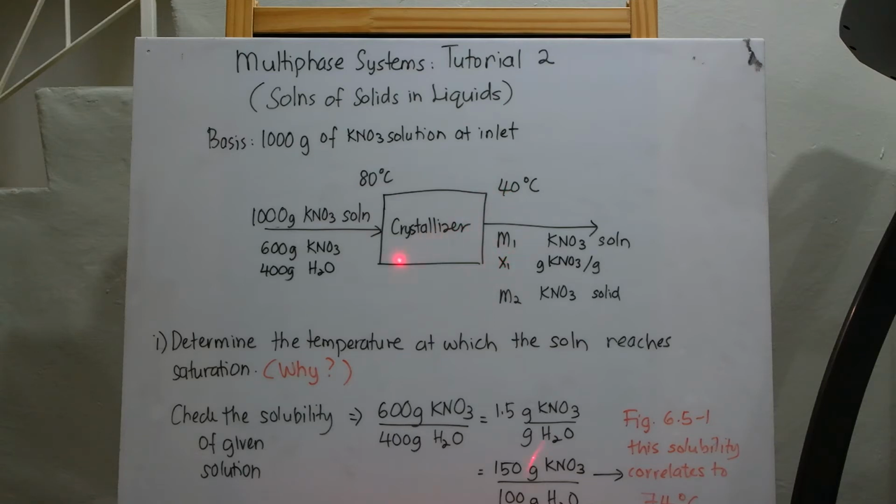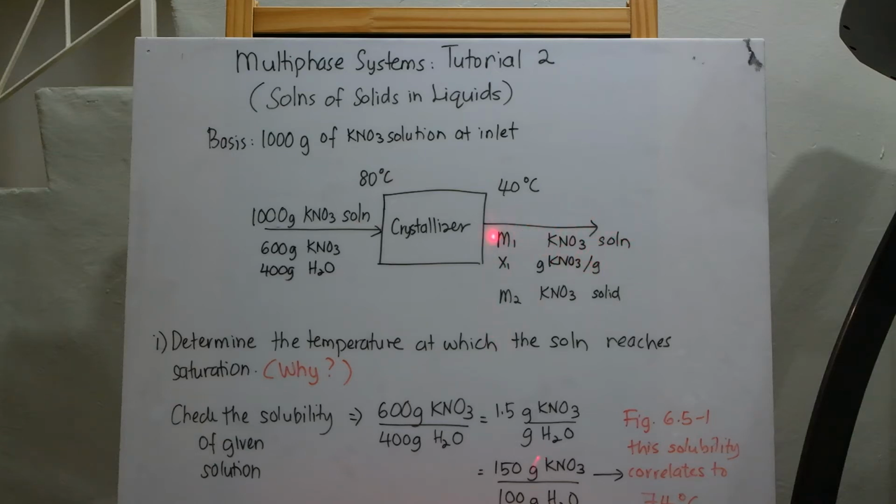And when a solution goes into crystallizer, we expect to have a mixture of solid and solution, which this solution contains still the same solid with water. Okay, so the outlet of crystallizer obviously contains the solid crystals and also the solution of the solid.